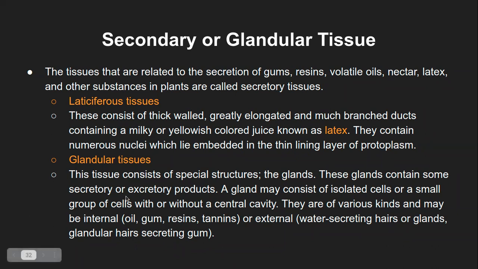So these glandular tissues can be either secretory or excretory, based on what they are throwing out of their own structure. Again, these can be groups of cells with a central cavity, and there are various types of these glands which we are not going into in detail, but majorly what they secrete is oil, gum, resins and tannins.